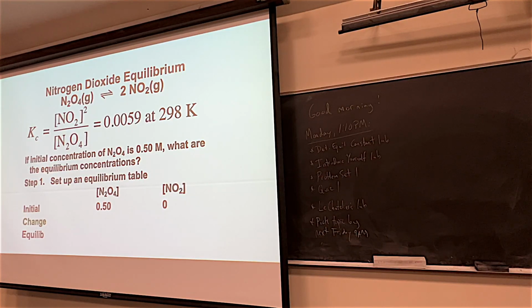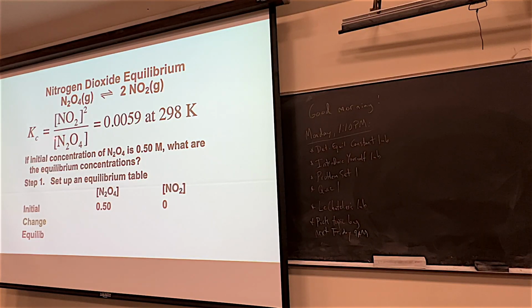Now, K will never be 0 and it will never be negative, but we are going to be concerned if it's less than 1 or more than 1. And this K is certainly less than 1. So that means we're going to have more reactant. Chemists would call this a reactant-favored reaction. And what that means is you're going to have, at equilibrium, more N2O4 than NO2. And that'll be important to us coming up here in a little bit.